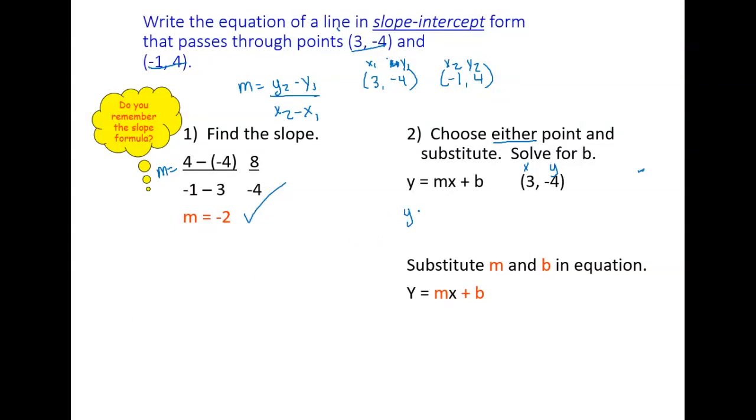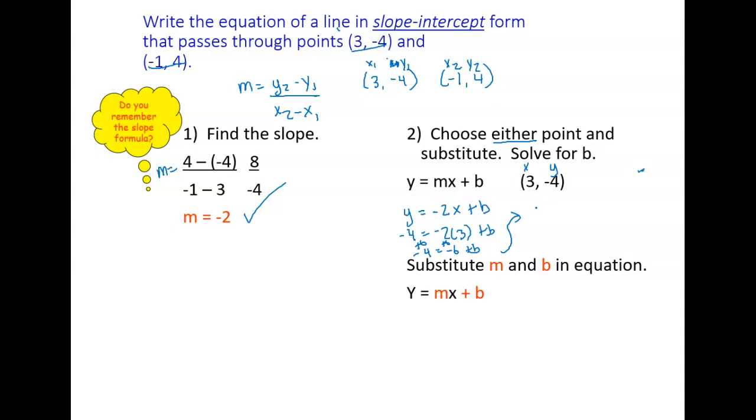Okay. So we found our slope. So now instead of just mx plus b, we have -2x plus b, because I found my slope. So now I'm going to sub in my y. So my y is -4, my x is 3. So I get -4 equals -6 plus b, add 6.